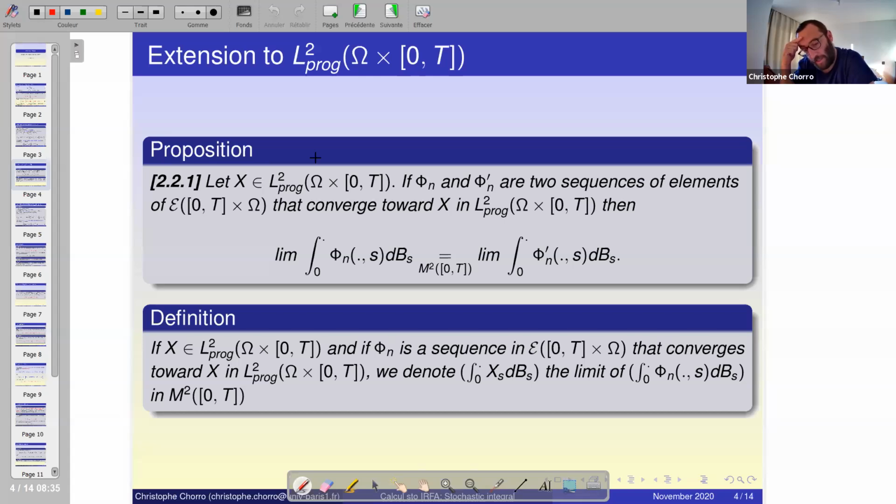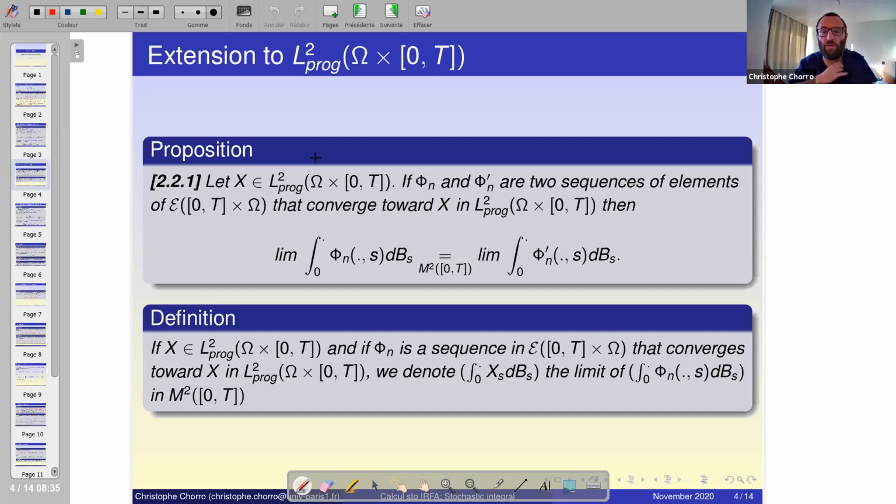And since the set of elementary stochastic processes is dense in L2prog, using approximation arguments, we were able to define without ambiguity the stochastic integral of an element in L2prog as the limit of the stochastic integrals associated to approximating sequences.